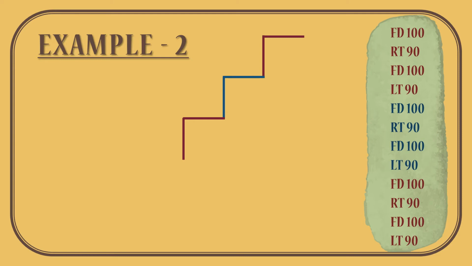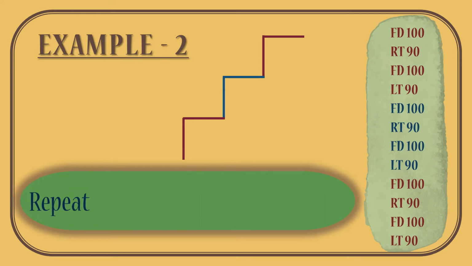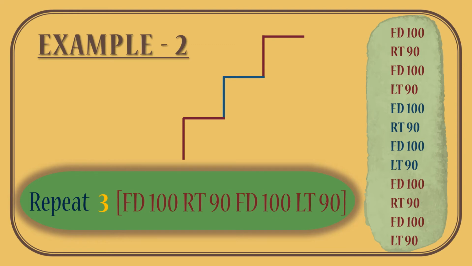So here I had drawn 3 stairs, so I am giving the repeat command for drawing these 3 stairs. First, type repeat, then give one space and type the number. That means 3. I want to repeat these 4 commands 3 times. Then in square brackets type FD100, RT90, FD100, LT90.